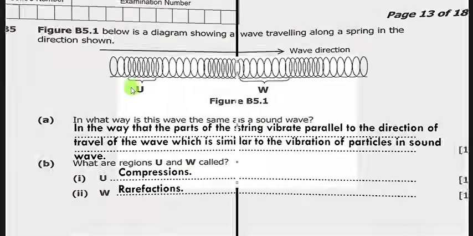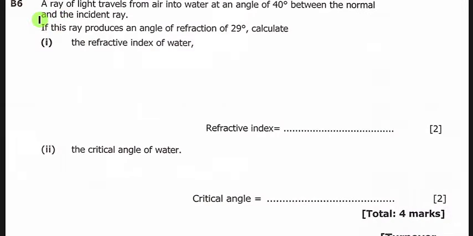So let's move to another part, B6. A ray of light travels from air into water at an angle of 40 degrees between the normal and the incident ray. So there's a ray of light, guys, traveling from air into water.